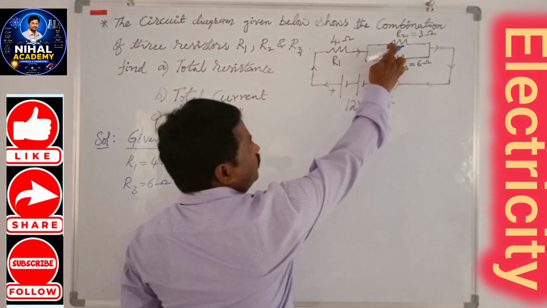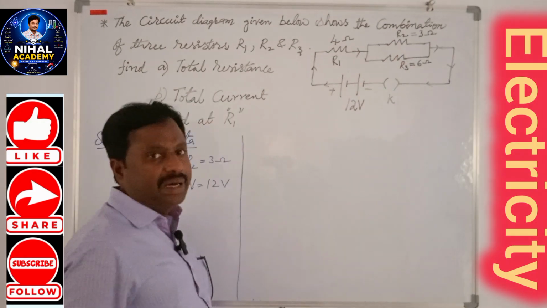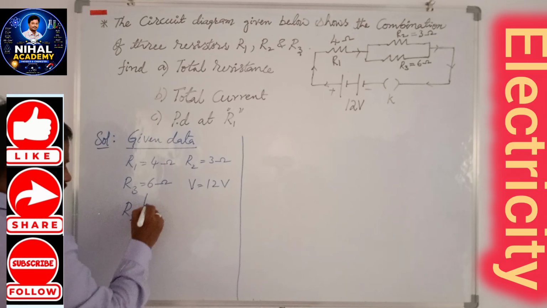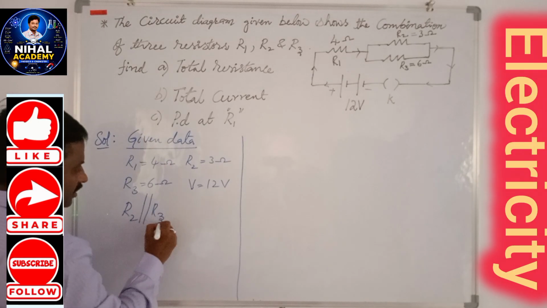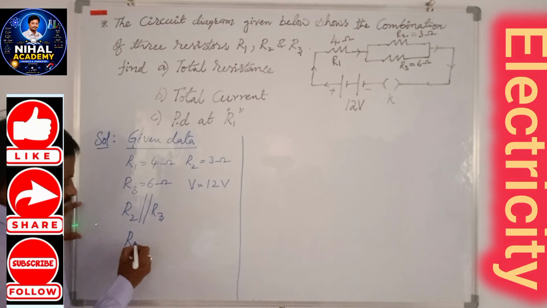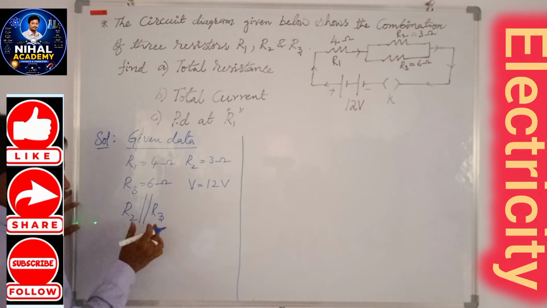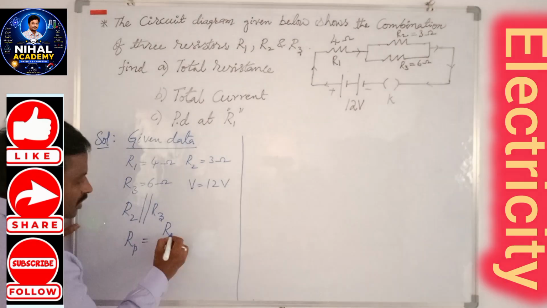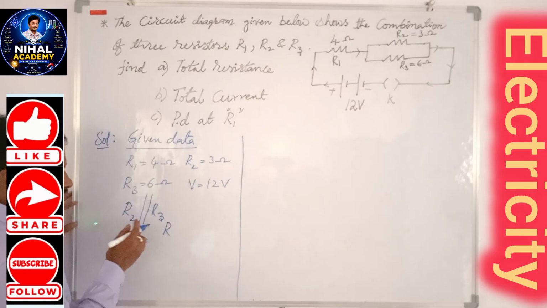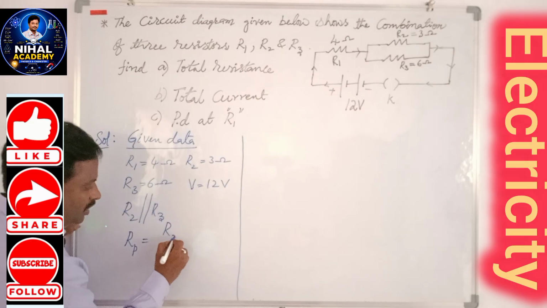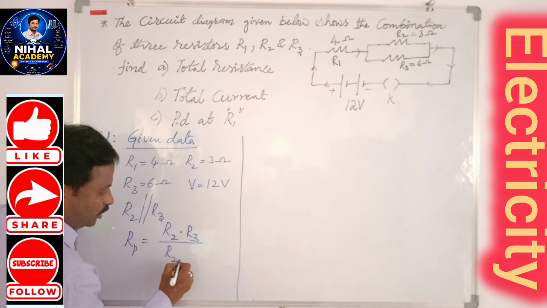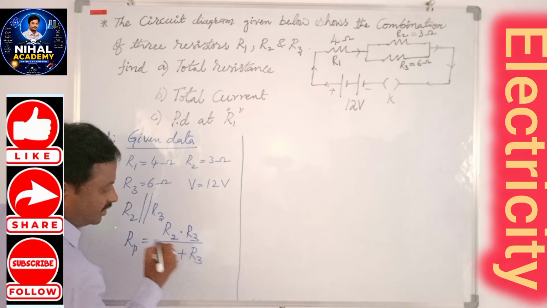Now R2, R3, these two are parallel to each other. So R2 is parallel to R3. Then the resultant Rp, the resultant of these two in parallel connection, is equal to R1 R2 by R1 plus R2. So here, instead of R1 R2, R2 R3: R2 into R3 by R2 plus R3.